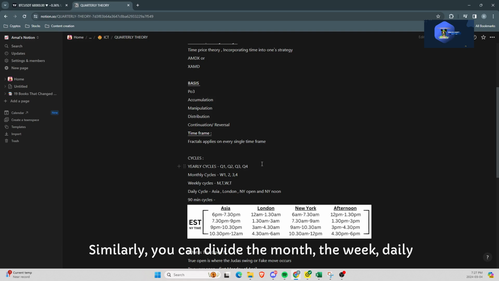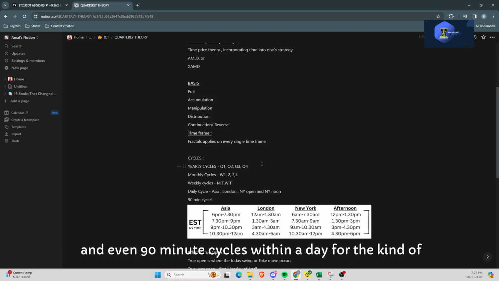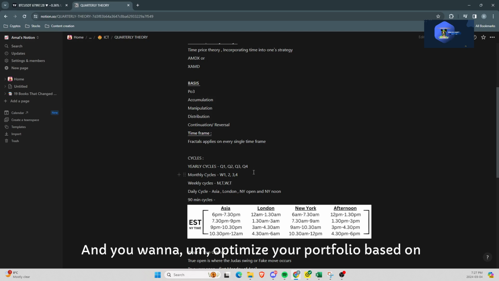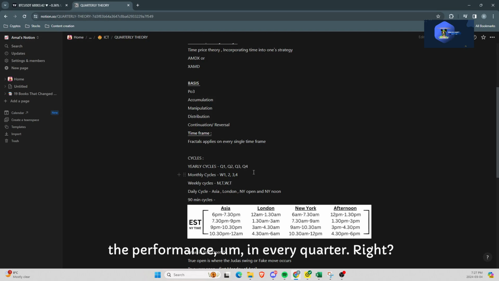Similarly, you can divide the month, the week, the day, and even 90-minute cycles within a day, depending on the kind of trader you are. Let's say you are an investor and you're only looking at the quarters in a year, and you want to optimize your portfolio based on the performance in every quarter.